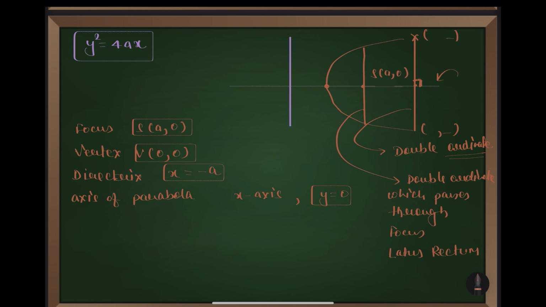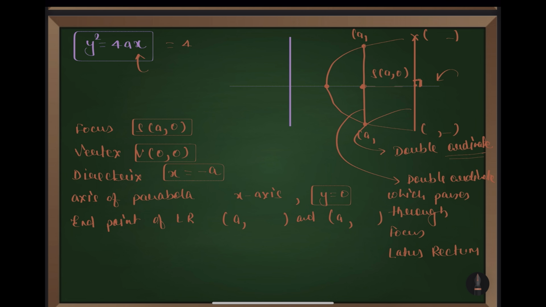Okay, now can you please tell me end point of latus rectum? So you know that it is A, so here also it will be A, here also it will be A, है ना? So we don't have problem with x coordinate, it will be A only. We have problem with y coordinate, so substitute value of x as A, na?